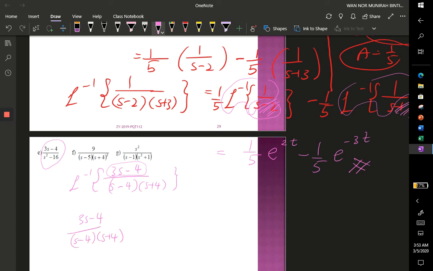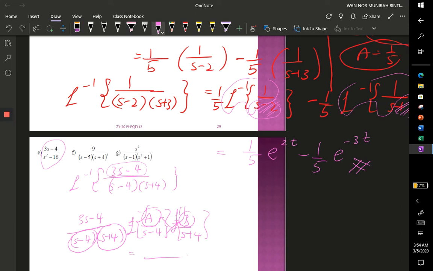This one is linear, and this one is also linear. So I have A over s minus 4 plus B over s plus 4. You just cross multiply, get the values of A and B, and then put them back. Take the Laplace inverse, and you have the solution.